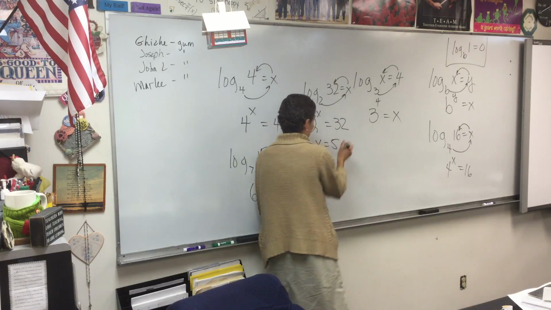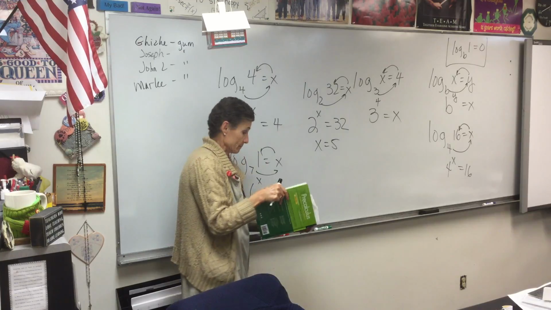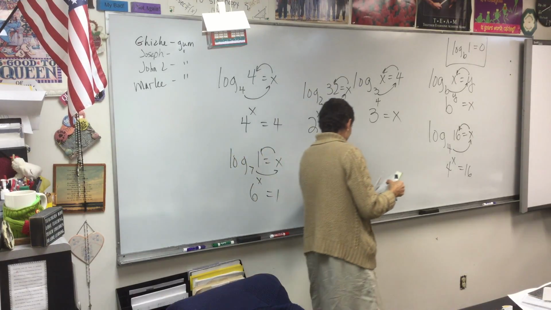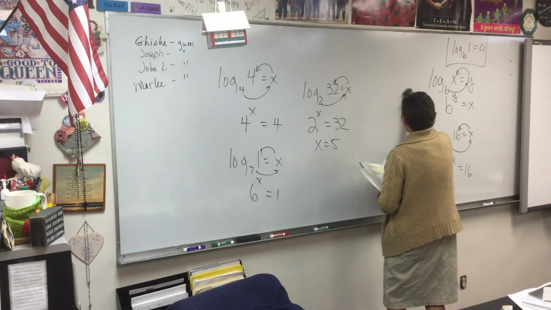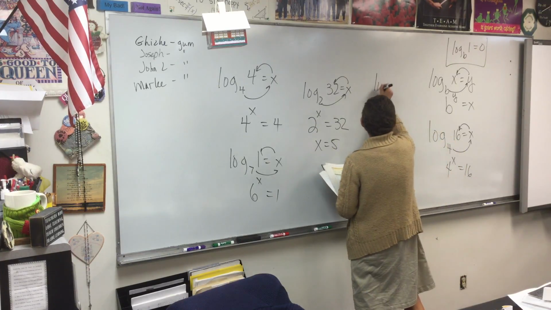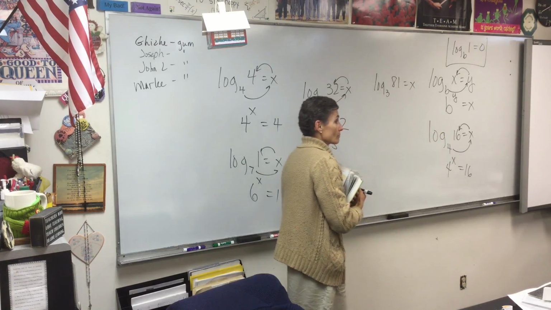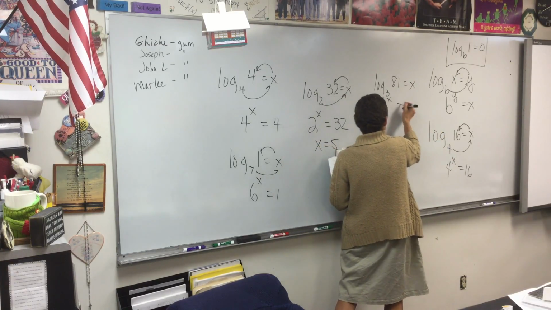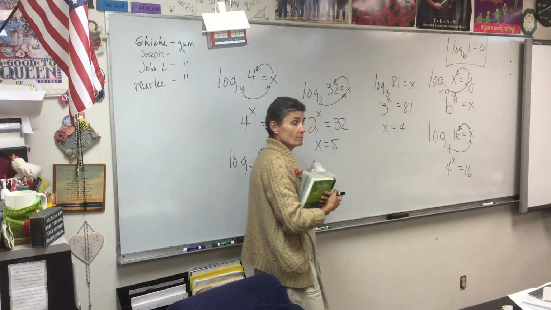So whatever number we're on, 3, that answer is 5. How about number 4? I think I kind of already did that one, but maybe not. The log base 3 of 81. 3 to the x equals 81, so x must equal 4.